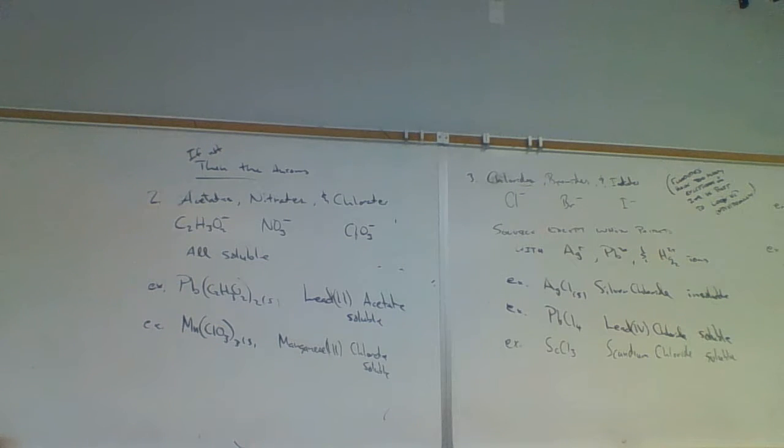Sulfates, when paired with cations, are soluble, except for silver ion, lead 2, mercury 1, mercury 2, calcium, strontium, and barium.